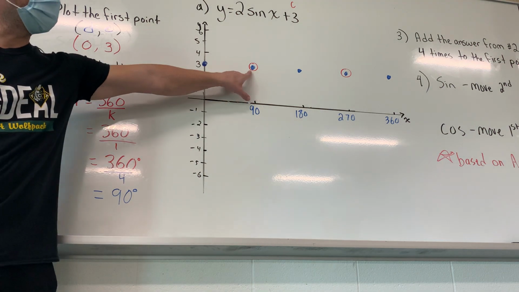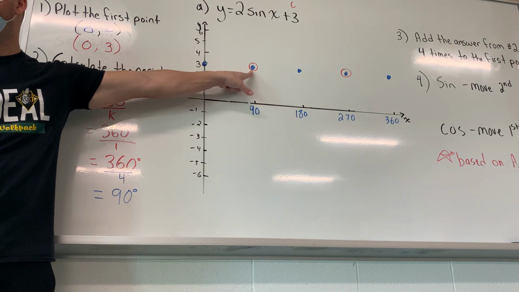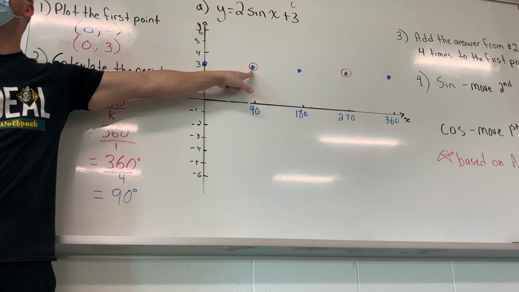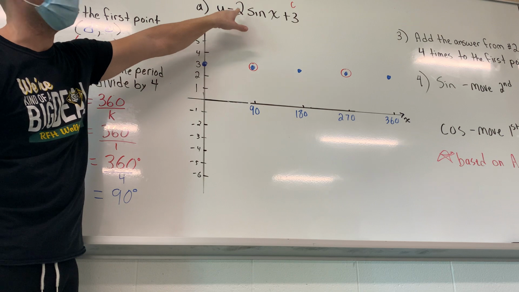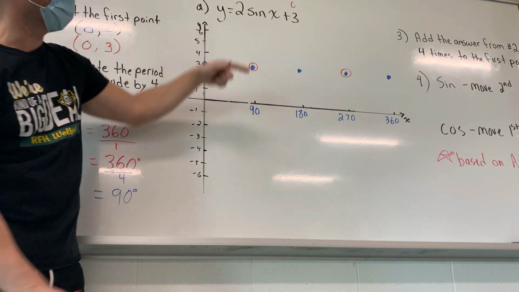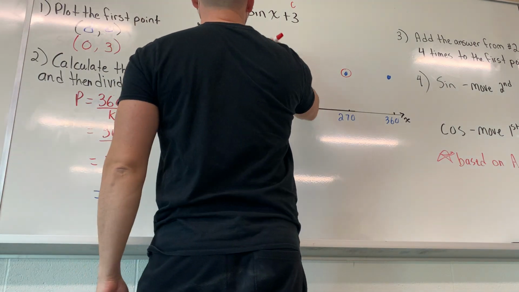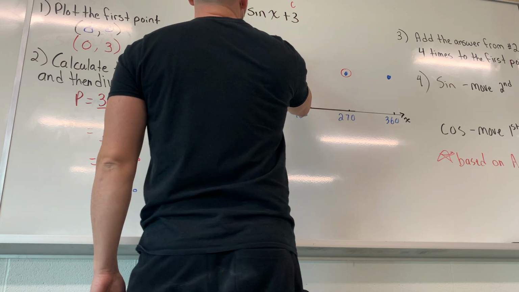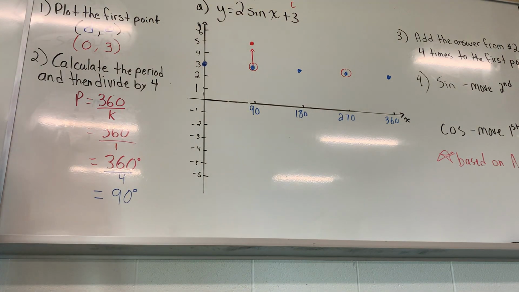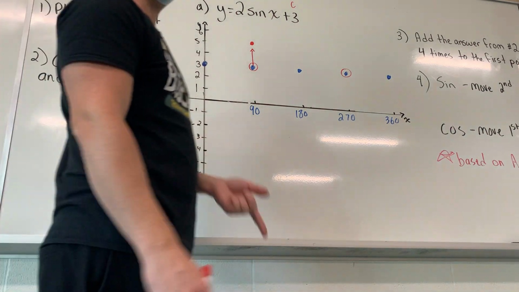So I'm moving this. What's my amplitude? My amplitude is 2. It's positive 2, so I'm gonna move it up 2. So it goes from 3 to 5. And the fourth point, you go the opposite.